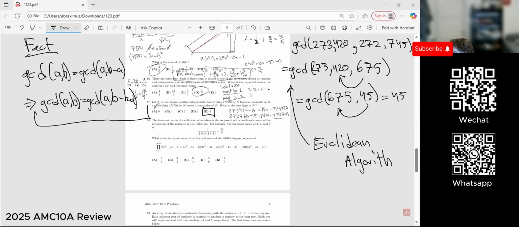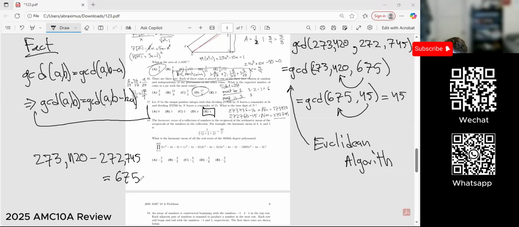So 273,420 minus 272,745 would be equal to 675. And then let's see exactly how many times we subtracted 675.